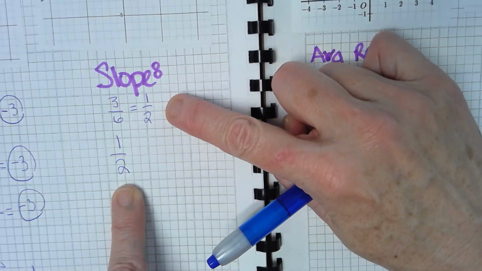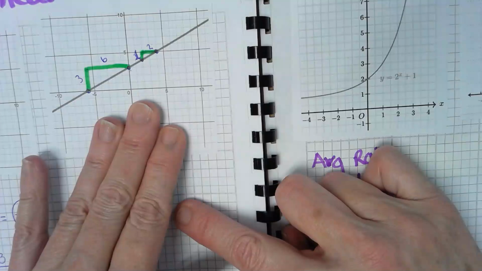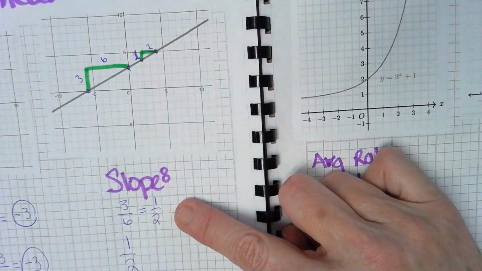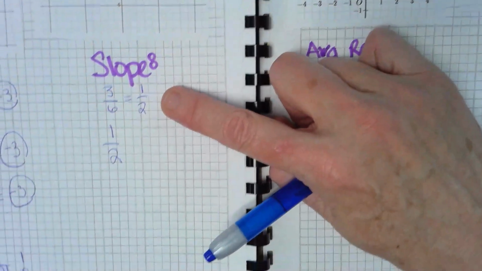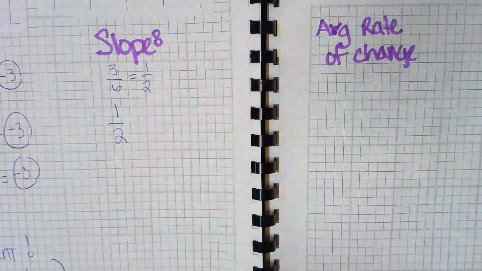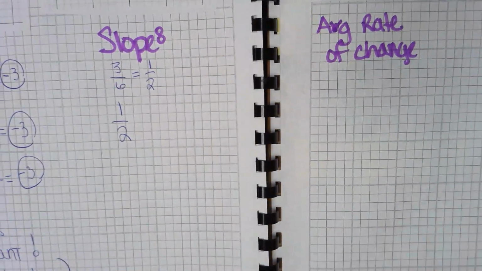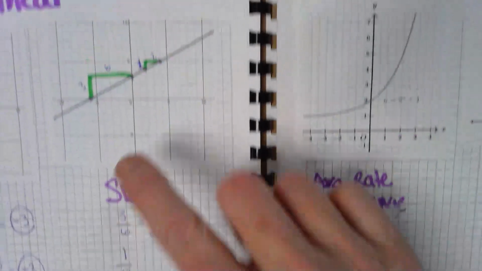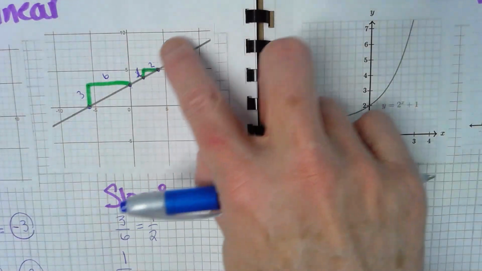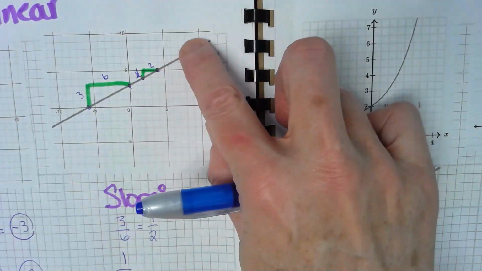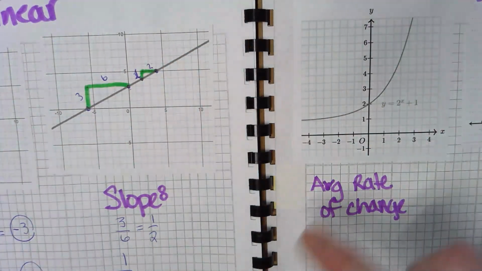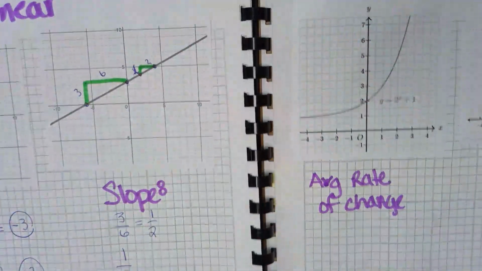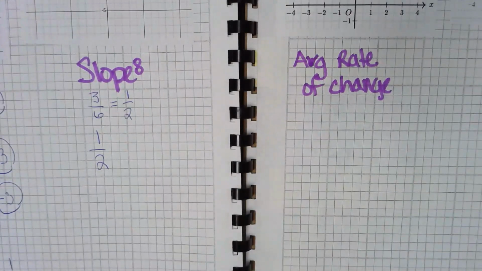The slope is constant. Why? This is linear. The slope is constant. It's going to be the same. No matter what 2 points you pick, the slope is going to be the same. Remember, how steep the line is is what the slope is about. So the line has the same steepness everywhere. As far as how slanted it is, it's the same slant everywhere. Okay? Are we good?